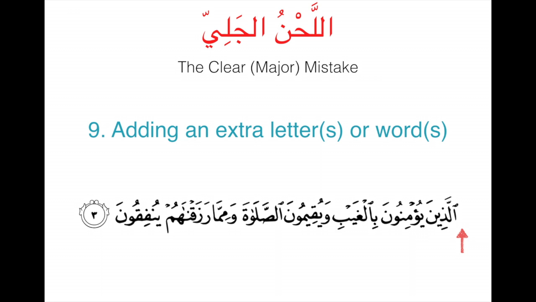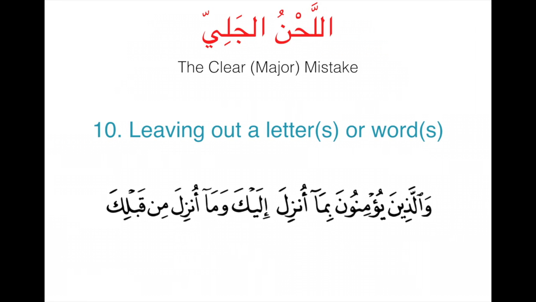All right. And last but not least, number 10, leaving out a letter or a word, or letters or words. Okay. وَالَّذِينَ يُؤْمِنُونَ بِمَا أُنزِلَ إِلَيْكَ وَمَا أُنزِلَ مِن قَبْلِكَ وَبِالْآخِرَةِ هُمْ يُوقِنُونَ.